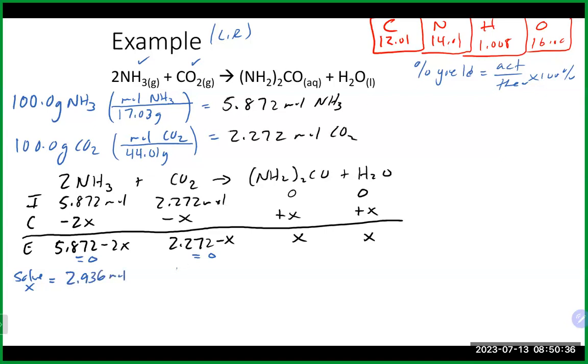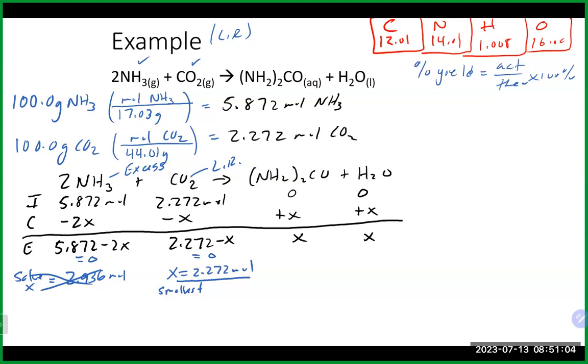The other one, that is what x equals, 2.272 moles. So once again, the smallest will be our limiting reagent. So in this case, the limiting reagent is CO2. The excess reagent here would be our NH3. Again, because the smallest value is what we're looking for here. Any questions on that there?